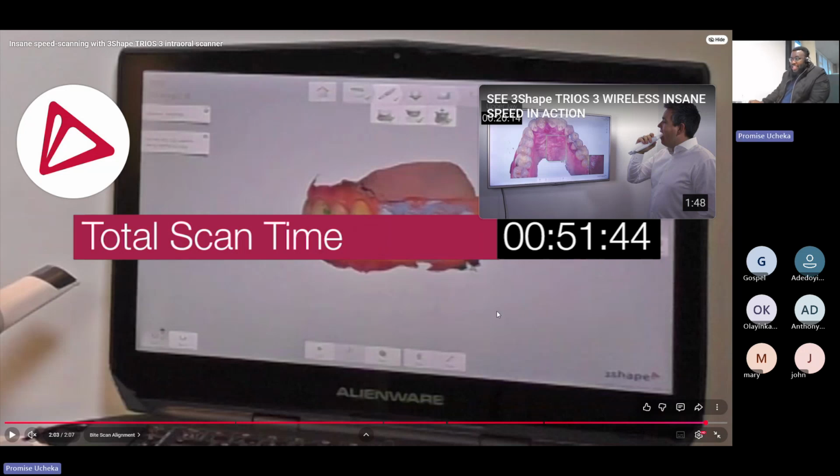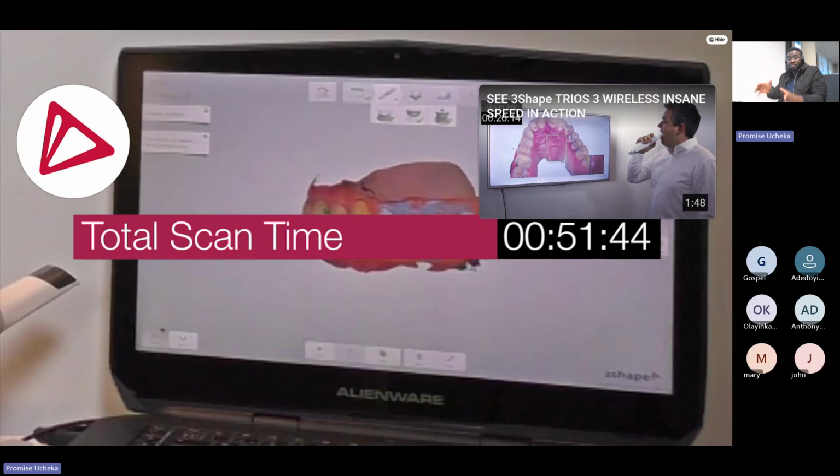Okay, so is there anything you noticed with this scanning from the beginning to the end of it? What are the things that you noticed? Question from audience: The process of scanning, if the scanner did not pick part of the tooth or part of the material it needs to pick, are you going to start over again, or do you just continue to run and it will pick?